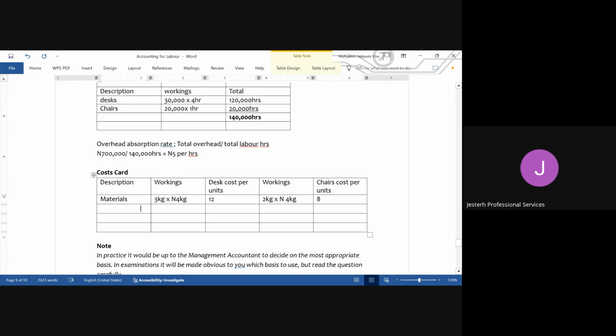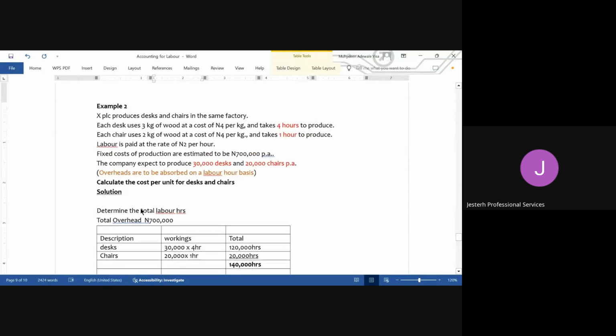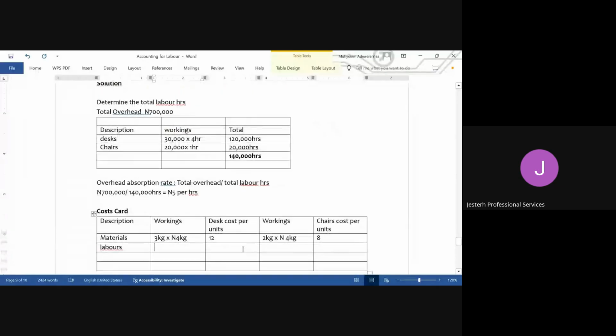Now we move forward to labor. We go back to the questions. The question said labor is paid at the rate of 2 naira per hour. That is very good.